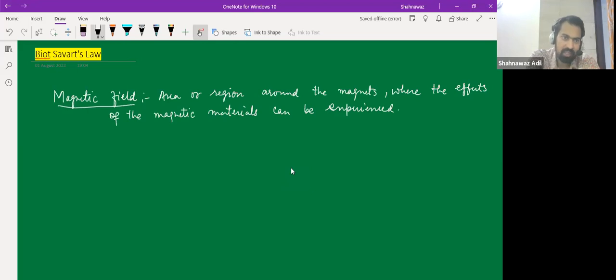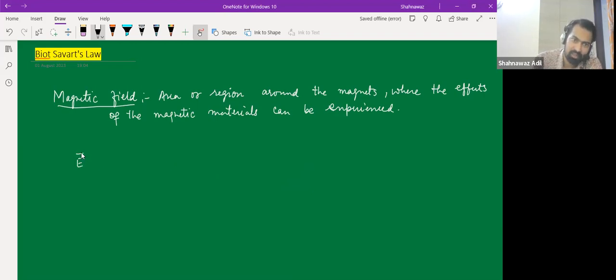Magnetic field is analogous to electric field. So what is electric field? Is it a scalar quantity or a vector quantity?